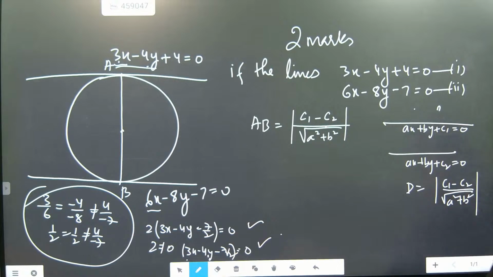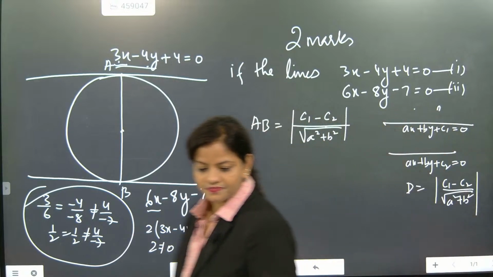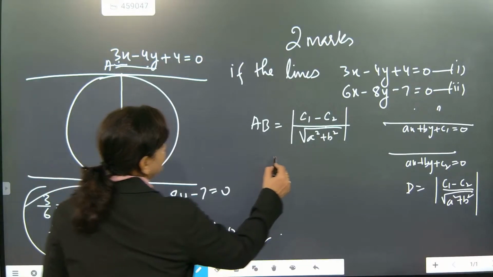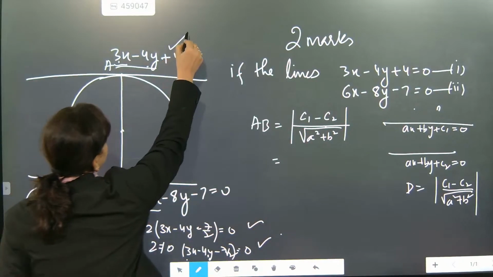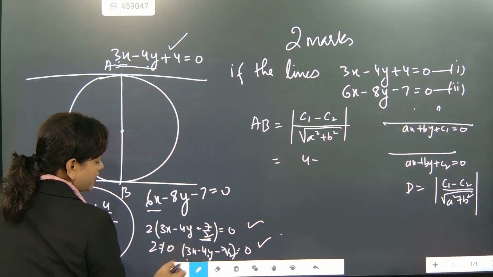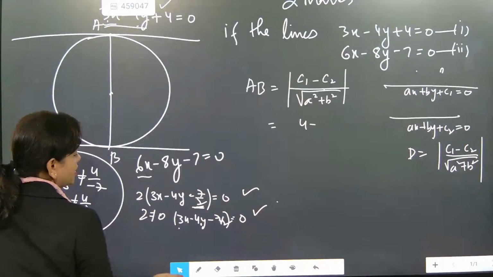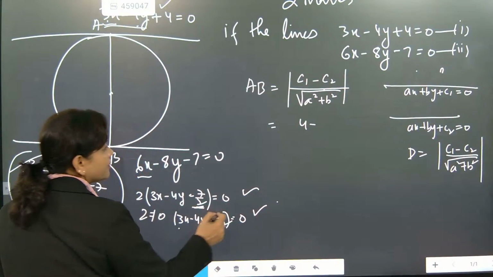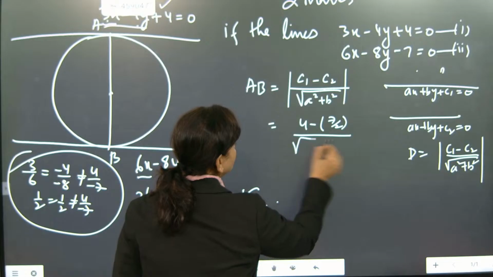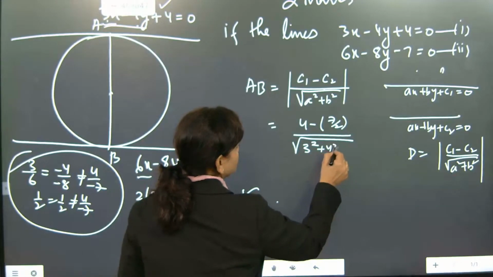Always remember this, and outside is modulus. Very good, Akbar. You got the point. Now look here, beta. C1 is coming as 4. So let's write 4 minus, here it is coming as minus 7 by 2. So 4 minus of minus 7 by 2, by root under 3 square plus 4 square.